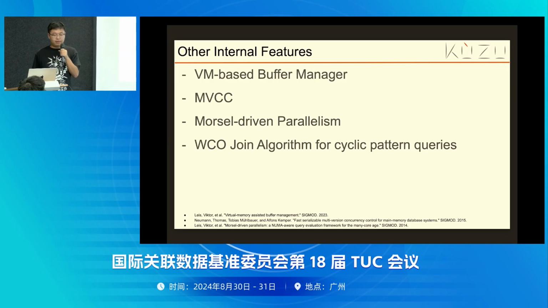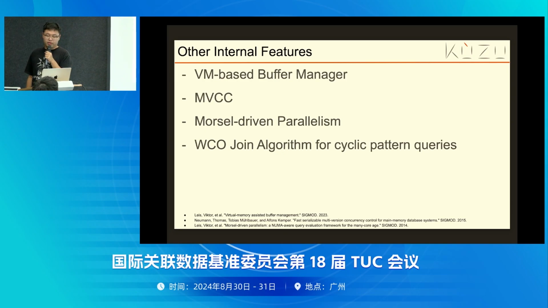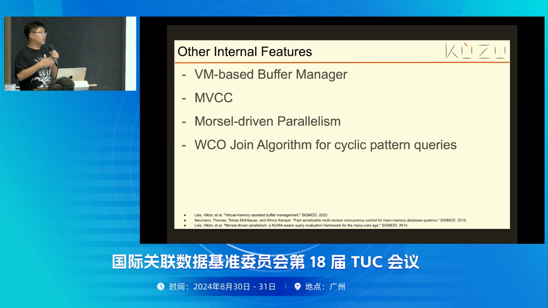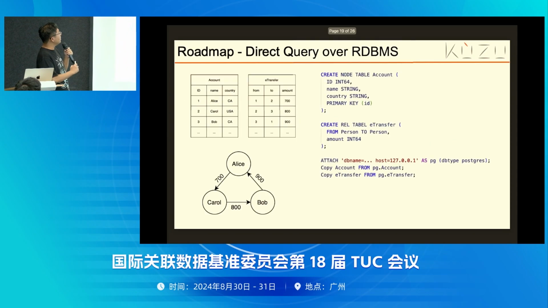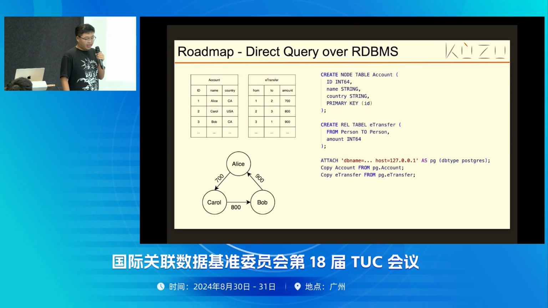And finally, we do use worst-case optimal join algorithms for finding cliques or cyclic query patterns. Yeah, so that's what I want to say about the internal performance optimizations.